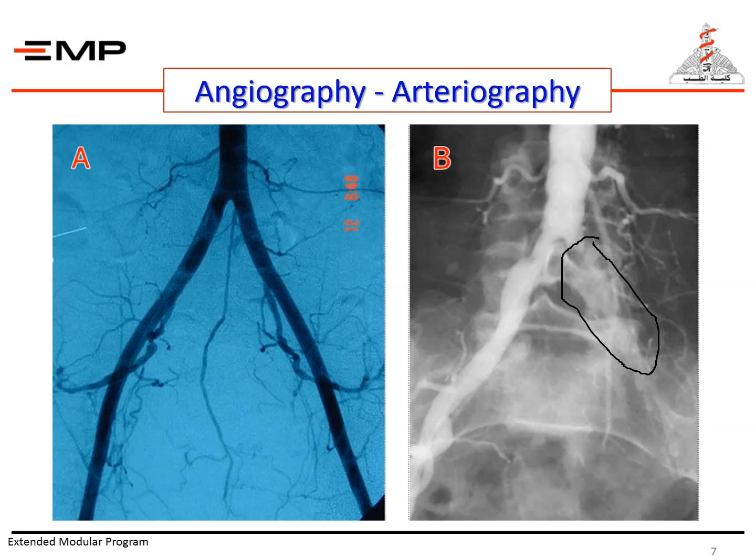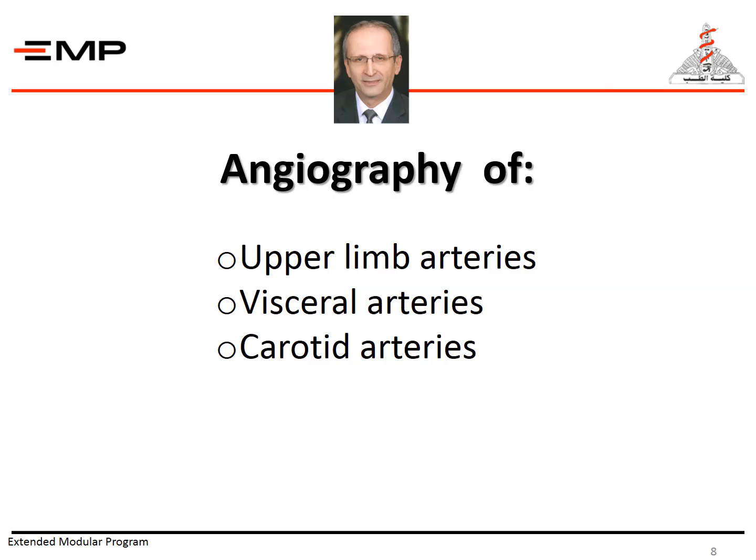In your clinical session, you will see several more examples of angiograms for patients with chronic lower limb ischemia, and you will understand the meaning of a distal runoff artery and its significance in the management decision making. Examples of the value of angiography in imaging the upper limb arteries, the visceral arteries, and the carotid arteries will be briefly discussed in your face-to-face session.